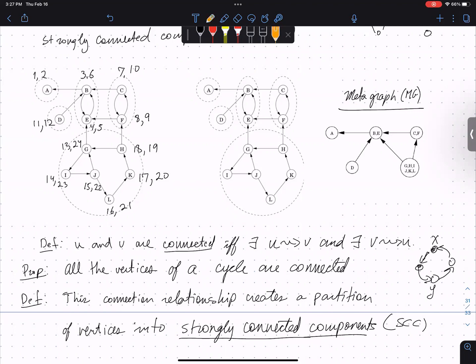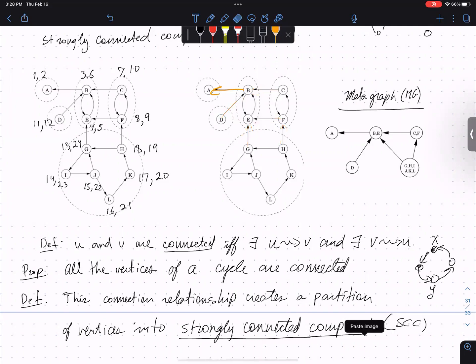Notice then the edges going between the components. These are all edges going between the components. Those are the edges that carry over into the new graph.